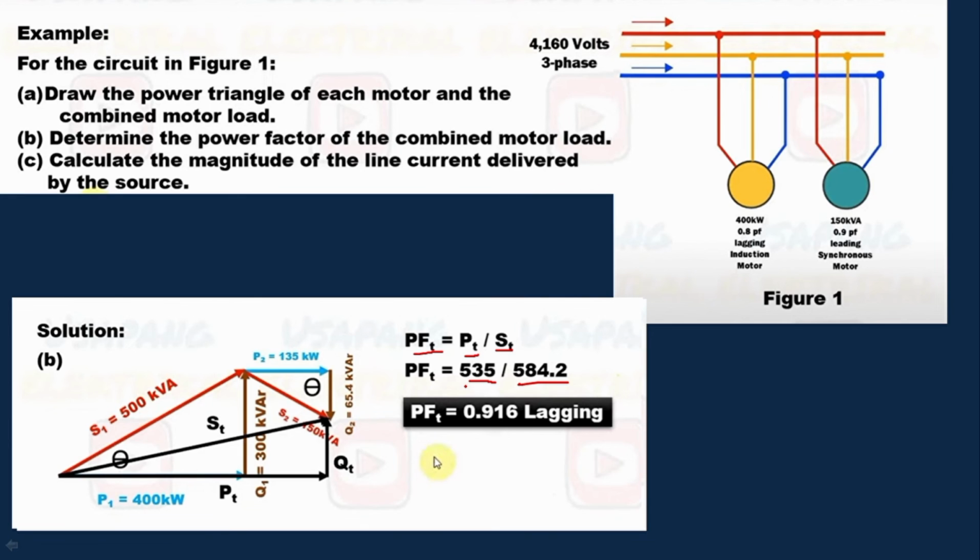When we divide these, the total power factor is 0.916 lagging. So the final answer for determining the power factor of the combined motor load is 0.916 lagging.